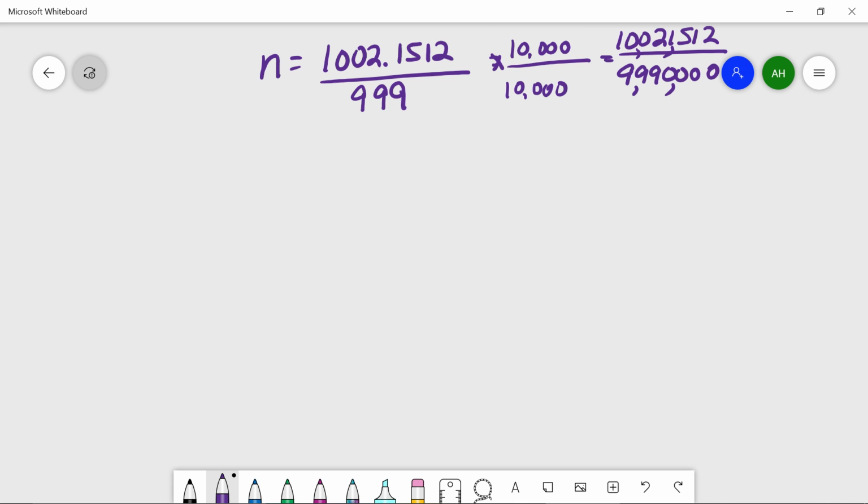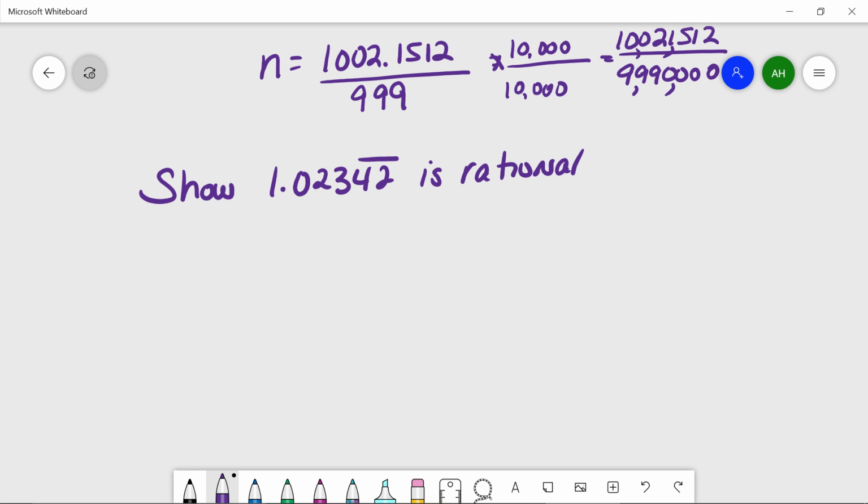I want to do one more for you, just because this is a little bit of a weird thing we're doing right here. Here I'm being asked to show that 1.02342, where the 42 is repeating, is rational, by writing it as a fraction of integers. So here I've got 100n minus n.